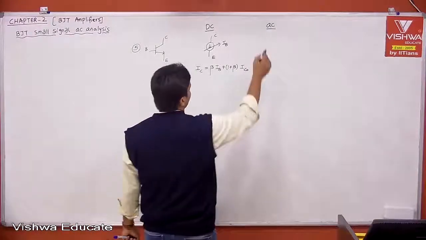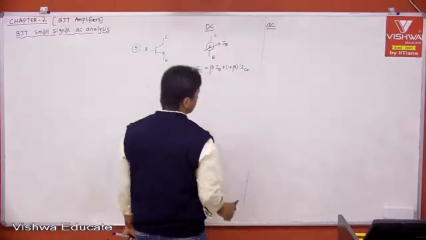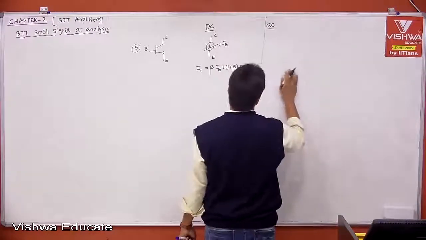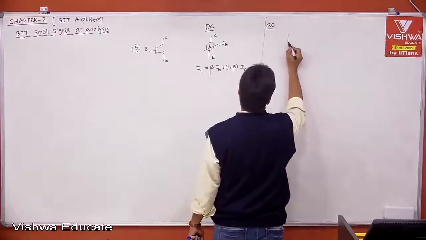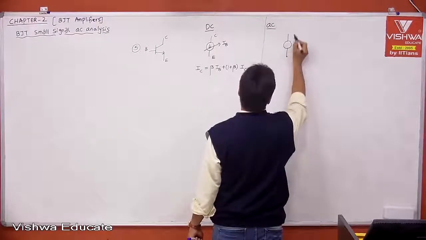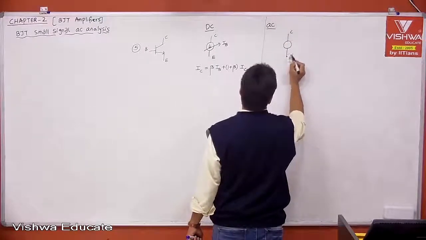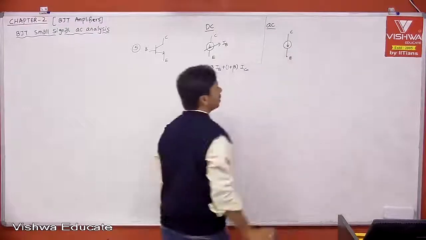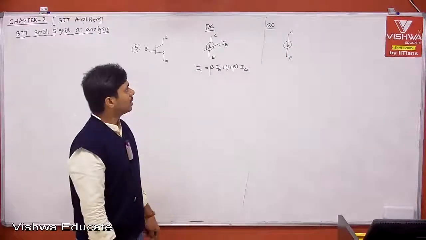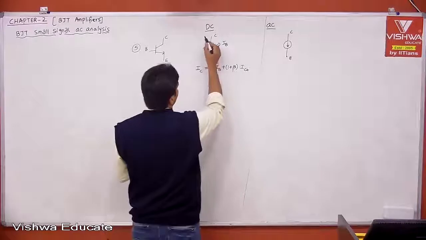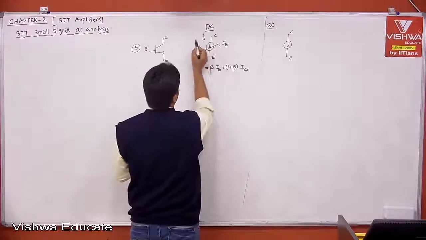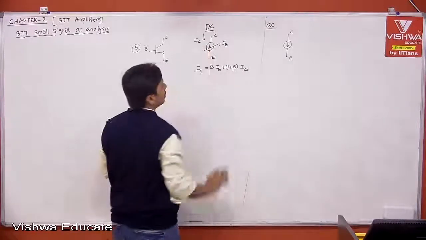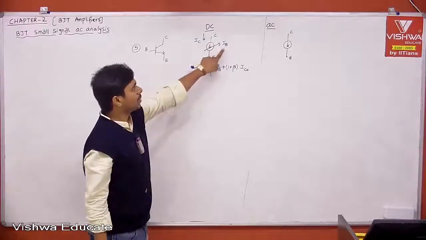Now coming to the AC analysis part, tell me what is this? Let us say this is C and then E. It is also a current source, right? During AC, remember the current we had was capital IC and capital IB.